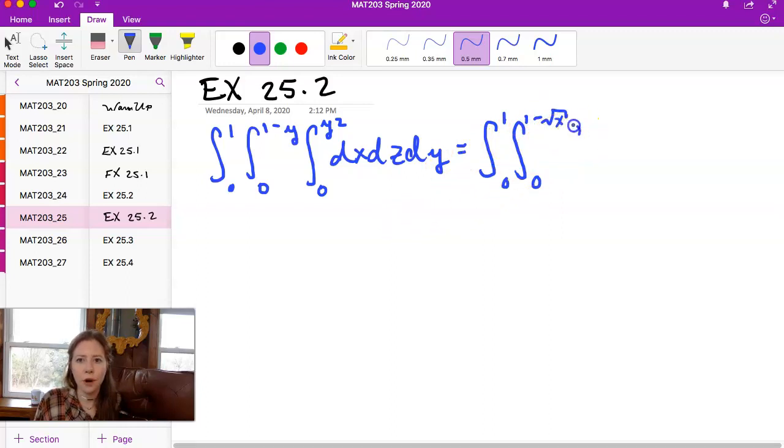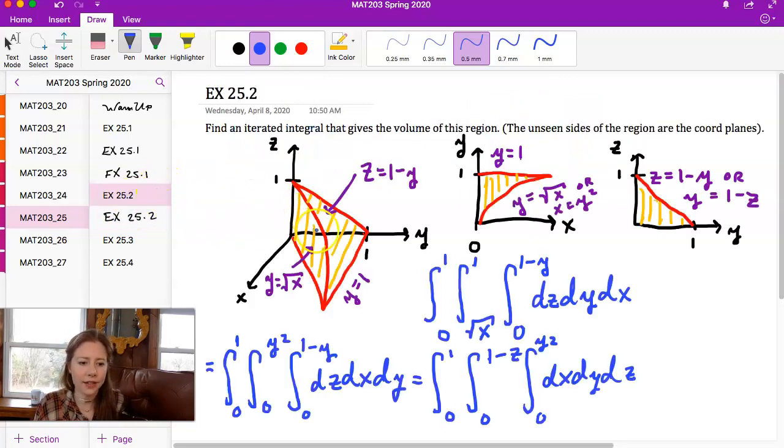And then for our y, x is on the outside. So we now need to define y in terms of x and z actually. So the lower limit for y is going to be dictated by y is equal to the square root of x.